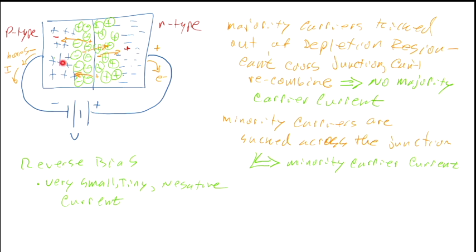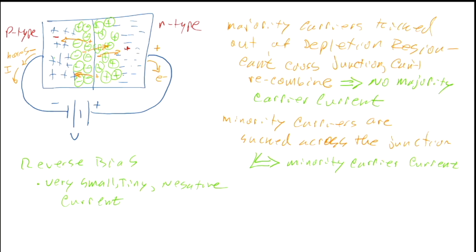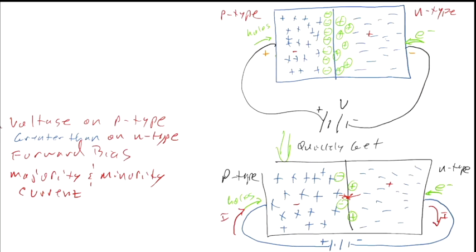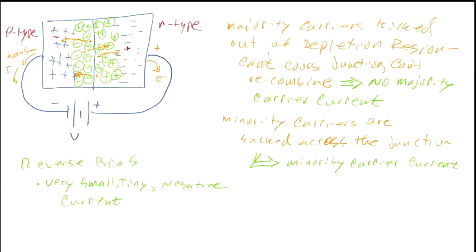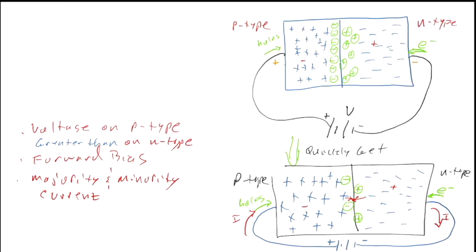So we have holes that are getting pulled out, and electrons that are getting pulled out. And the current flows in the same direction as the holes and in the opposite direction of the electrons. So we have a current flowing this way, instead of what we had here, a current flowing into the p-type region.